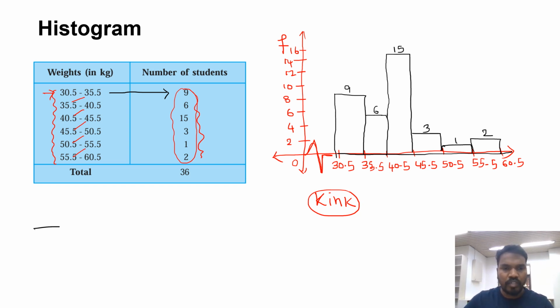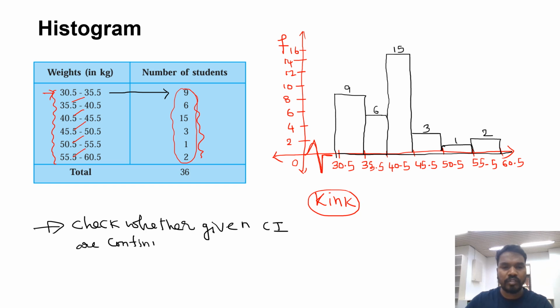So here the first condition is to check whether the given class intervals are continuous or not. This is the first criterion.